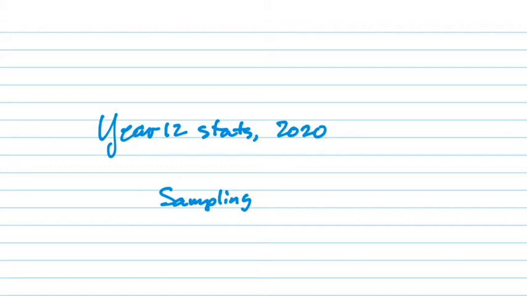So instead of asking everybody in the population, what we do is we choose a sample. And again, this is something very similar to what we did in the past. So we're going to use a sample. And there are lots of ways that samples can be chosen, right? Last time we sampled different classes in the school, but we just chose whatever teacher would let us come to their class, right?